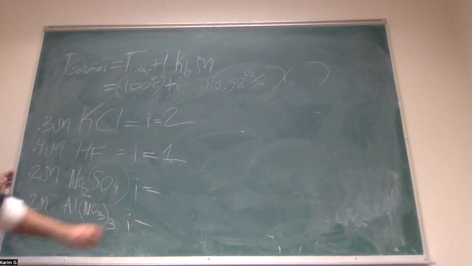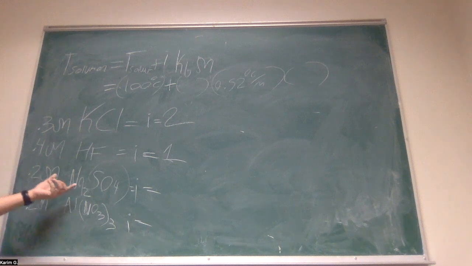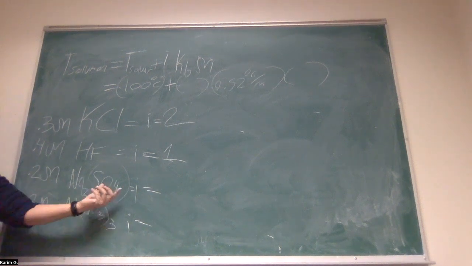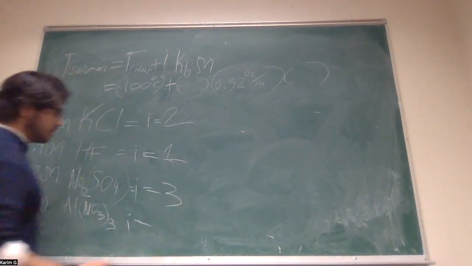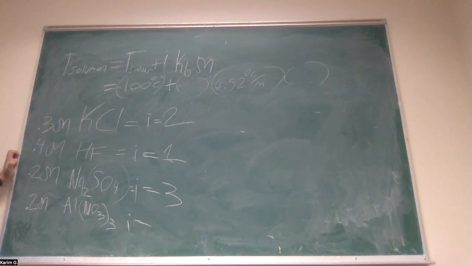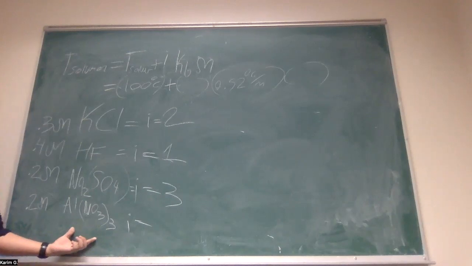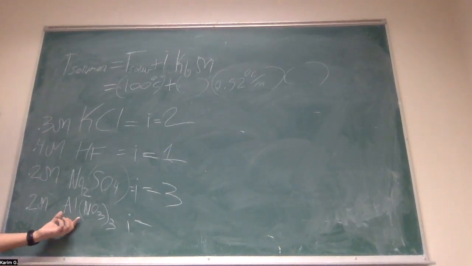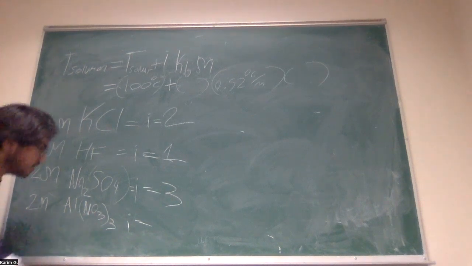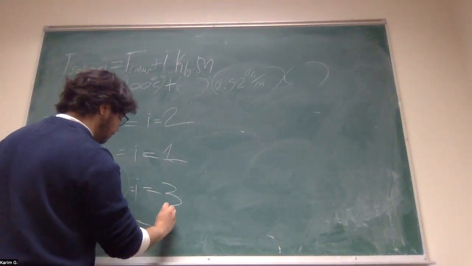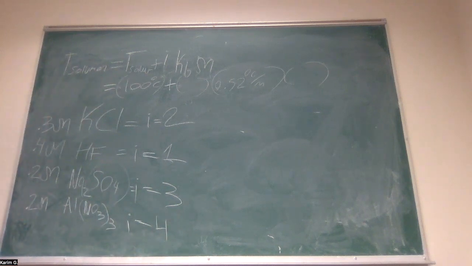And sodium sulfate is 3, right? Because this would separate into 2 sodiums and 1 sulfate. Okay. And then this one, 4, right? Because it will separate into 1 aluminum and 3 nitrates. So this has a Van 't Hoff of 4.